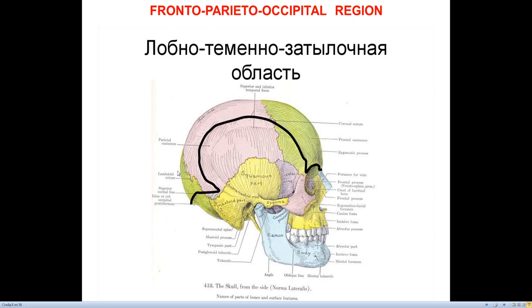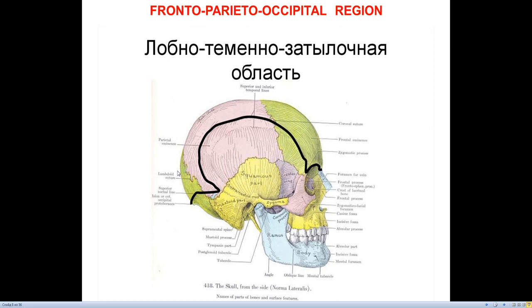Deeply to the diploe is present the internal layer, which is called lamina interna, or sometimes lamina vitrea, which in English means glassy. Why? Because the thickness of it is very, very small. It's something around 1 or even less millimeter.